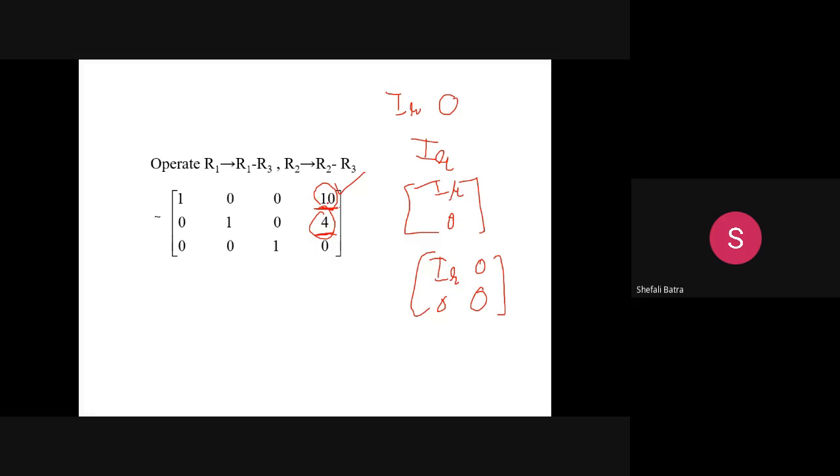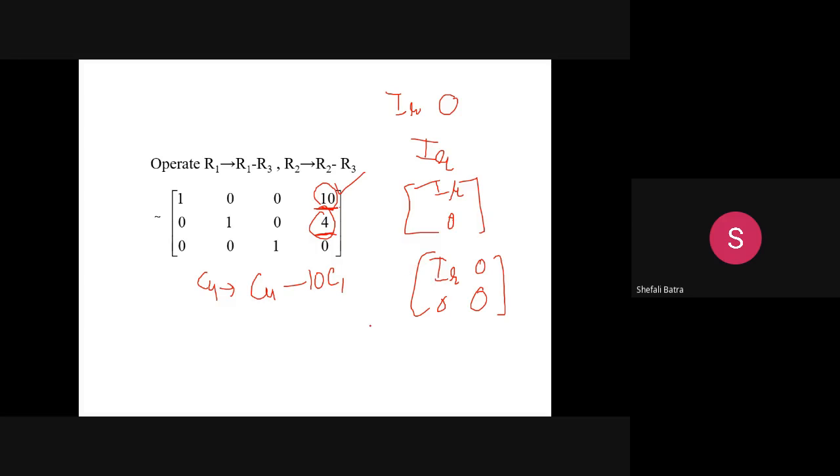So you need to make this entry as 0. So I can take help of which column? Yes, anybody? C1. C1, right. So for making this entry, we are using column 1. So C4 implies C4 minus 10 times of C1, right?